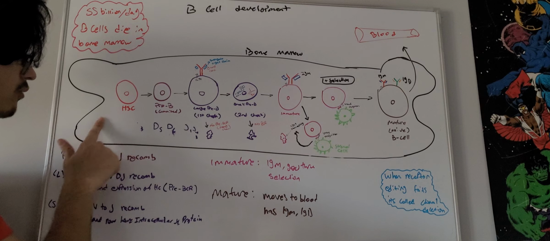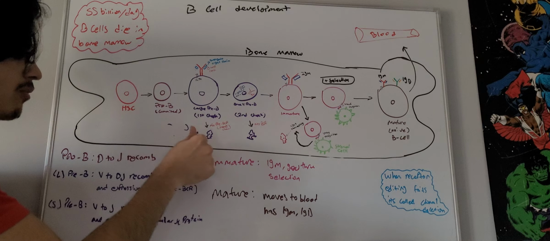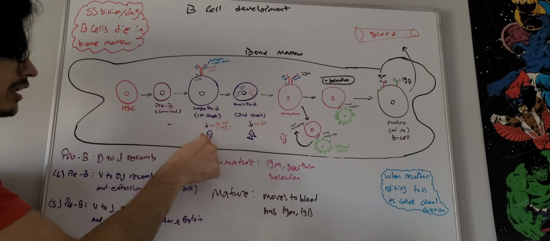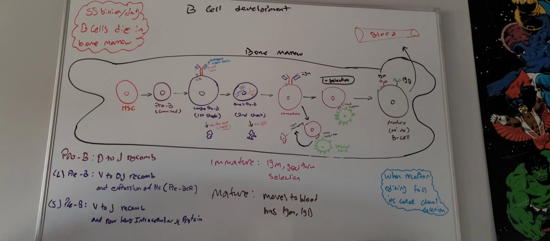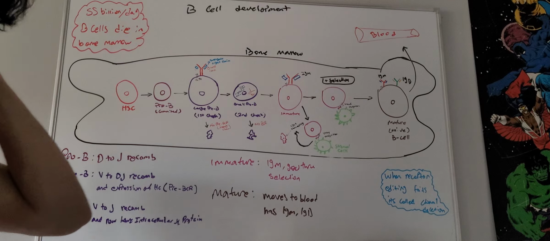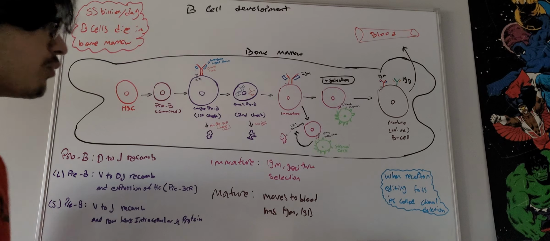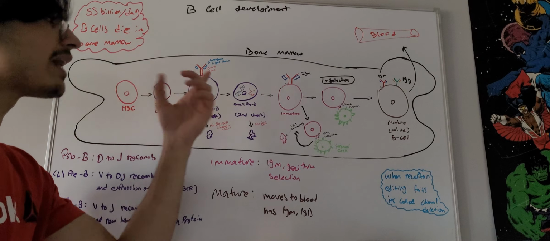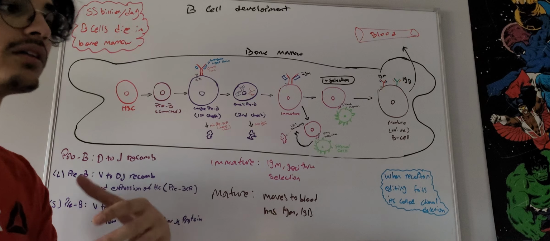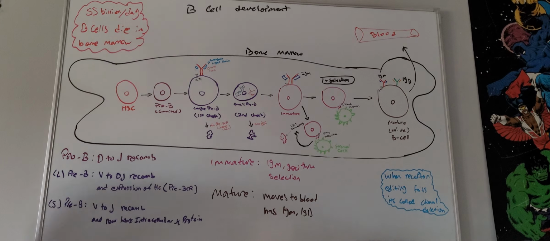And you might be asking, okay, I get that, but we have two chromosomes. Why can't I just open the other chromosome? Because during this heavy chain rearrangement, we already went through allelic exclusion. We successfully made a working heavy chain, and so we excluded the other allele. We can't go back and reopen it.